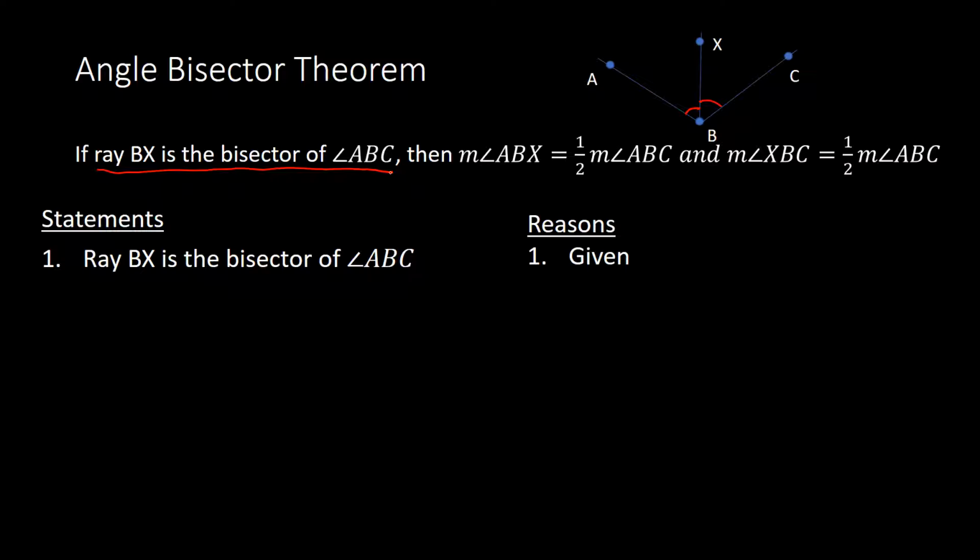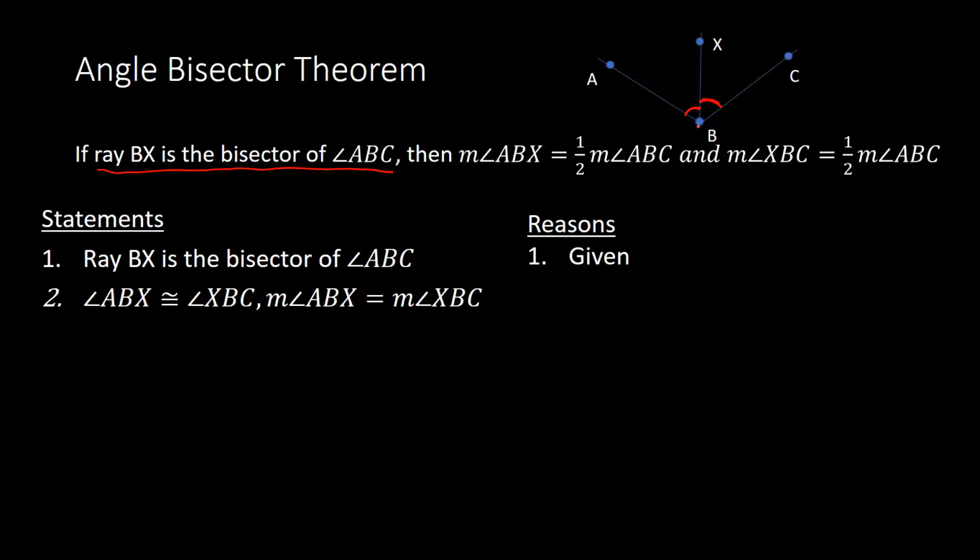Now, just like in the midpoint theorem, the next step will be based off our definition. And that's always a good step to take with any proof, not just these ones. We know that BX is the bisector. Well, what does bisector mean? A bisector is going to cut the bigger angle in half so that we have two congruent angles. So we can say that angle ABX, this angle right here, is congruent to XBC, this angle.